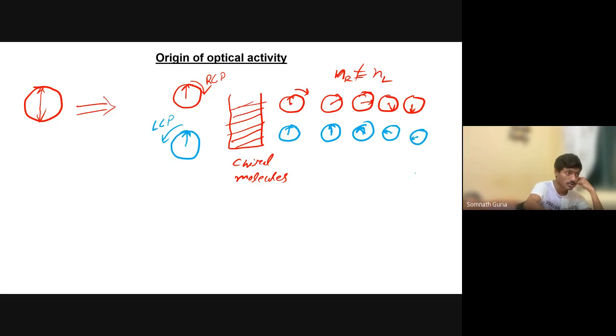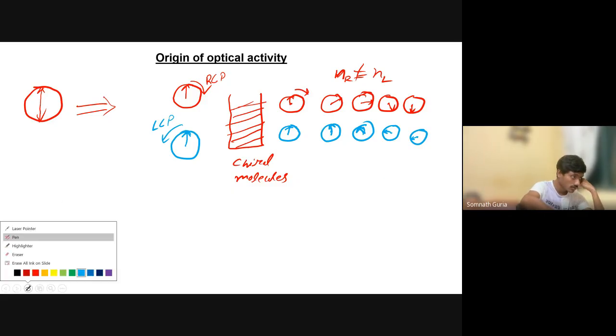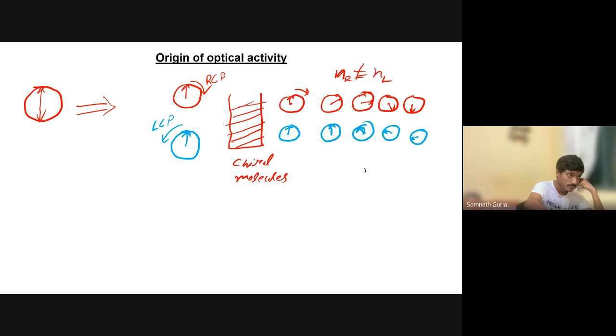So finally we get a resultant: our initial light will be this plane, and finally we'll get this final one, and this angle is called phi. This is called optical rotation.